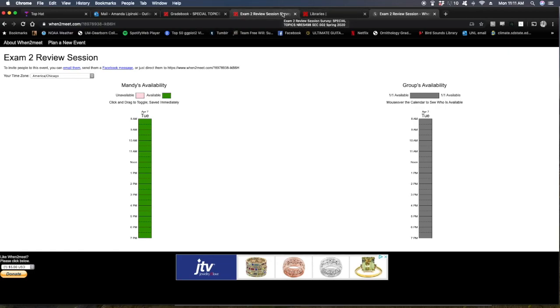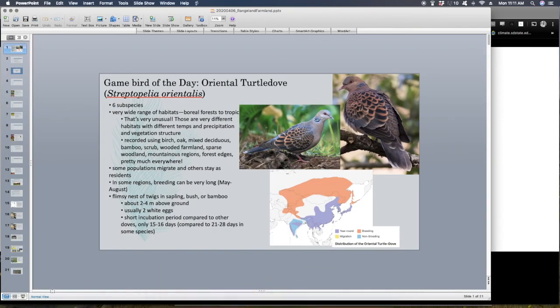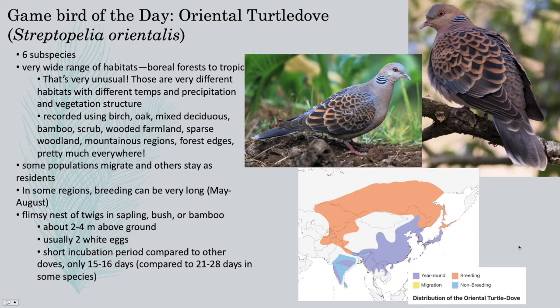Okay, let's get started on today's topic. The game bird of the day today is the oriental turtle dove, Streptopelia orientalis. There are 6 subspecies of this bird, and as you can see, it has a really wide distribution in Asia. Their habitat use somewhat mirrors that. They use a very wide, diverse range of habitats, everything from boreal forest to tropical habitats. These have very different temperatures and levels of precipitation, as well as vegetation structure.